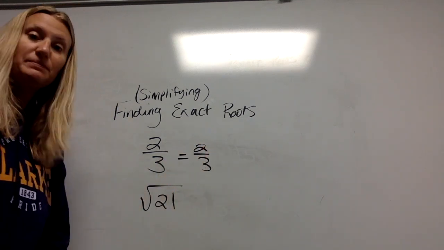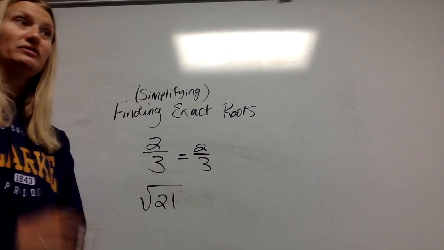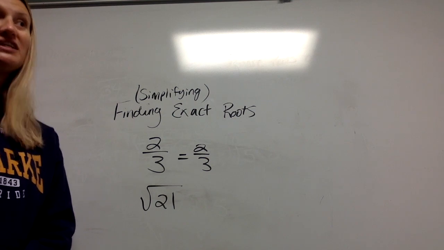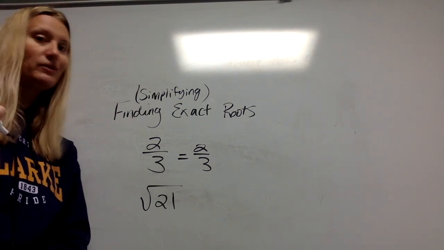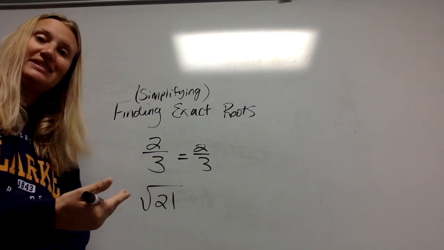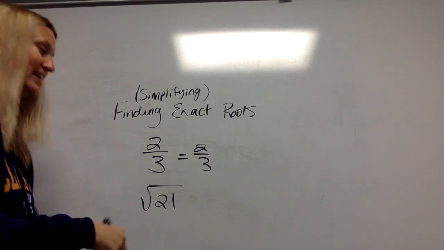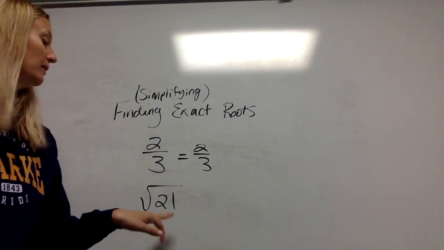If I ask you to simplify the square root of 21, well, if you go to your perfect squares poster, the perfect squares that are less than 21 are 16, 9, and 4. Well, I can't take 21 divided by 16, can't take it divided by 9, and I can't take it divided by 4. Yes, I can take it divided by 1, but anything divided by 1 is itself, so you're going to be back at the beginning.